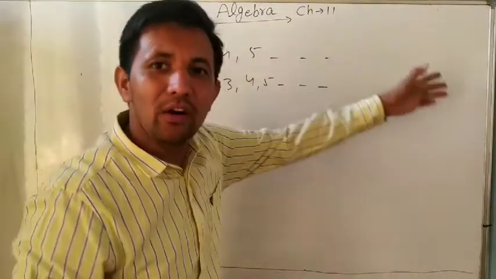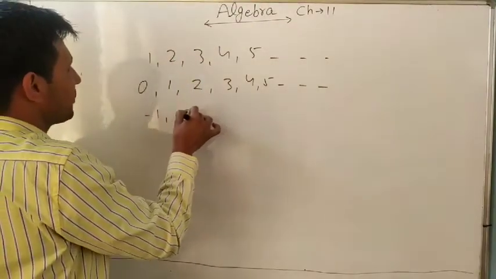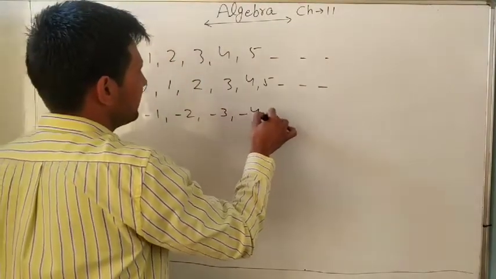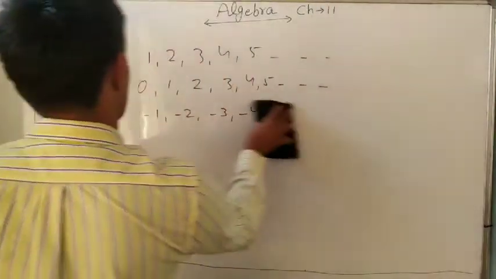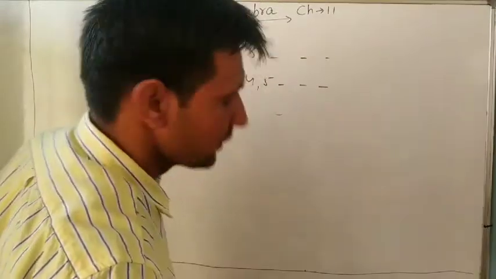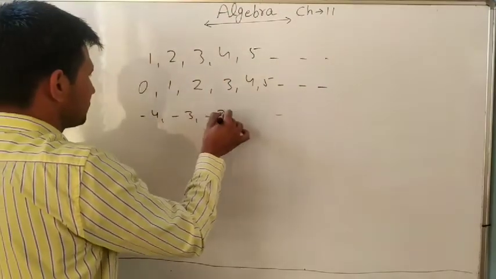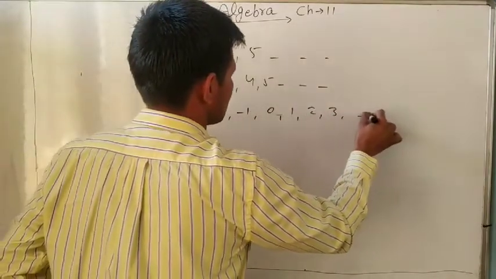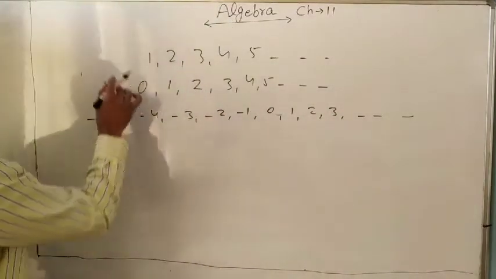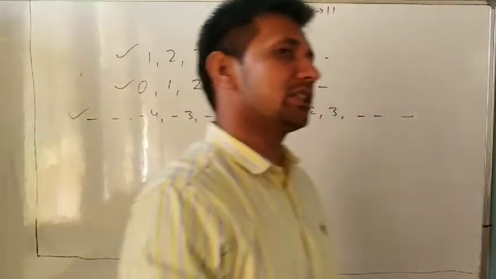It is a never-ending counting, and integers mean negative and positive numbers. So in natural numbers, whole numbers and integers, we already discussed these numbers.